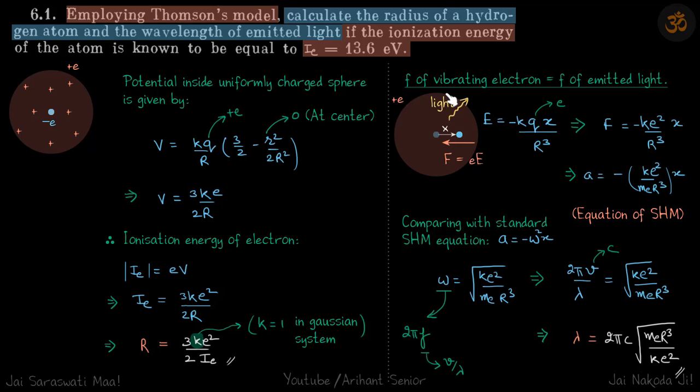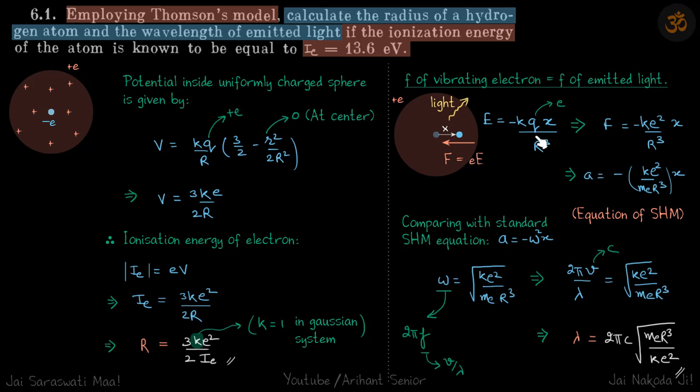Now the second part. The frequency of the vibrating electron is the frequency of the emitted light. Again for Thomson's model, if we shift this electron by distance x, the electric field inside that uniformly charged sphere we know is KQx by R cubed, with a minus sign because it is opposite to the displacement.